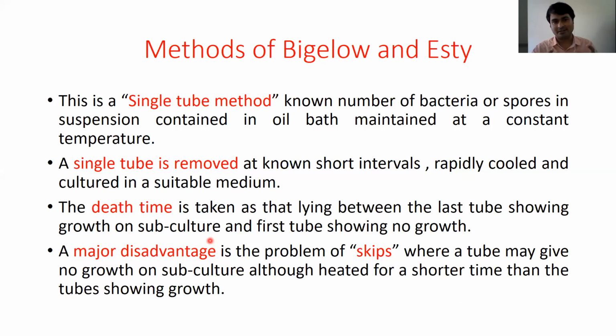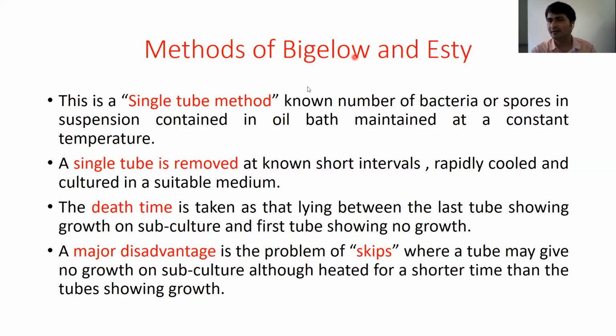Okay, again I will briefly explain this method. For determining the heat resistance of bacteria, we follow different methods. One of the methods is the method of Bigelow and Esty.